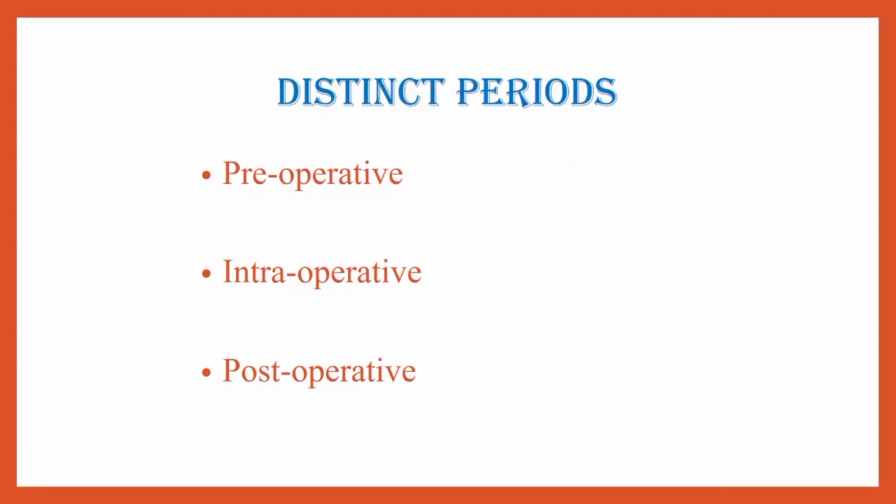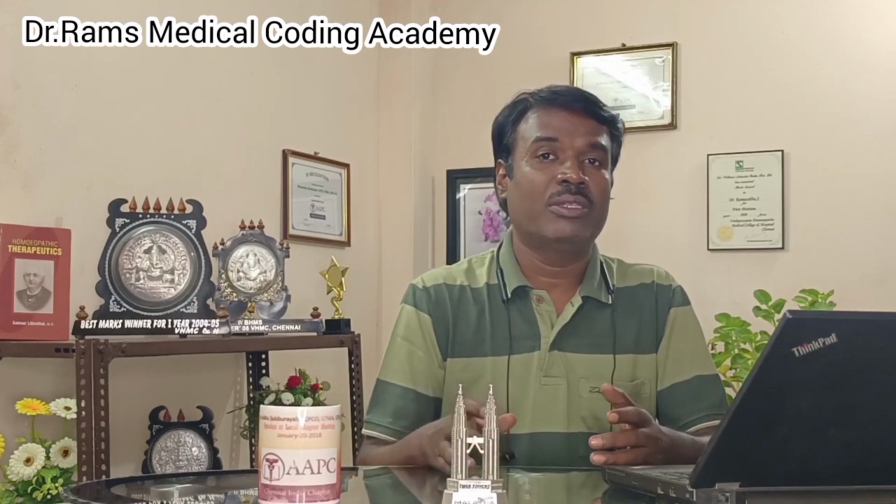The global period has distinct time periods. We can conveniently divide this global period into three phases: the pre-operative period, the intra-operative period, and the post-operative period. A medical coder who has undergone basic medical coding training would well understand the meaning of those prefixes: pre, intra, and post.